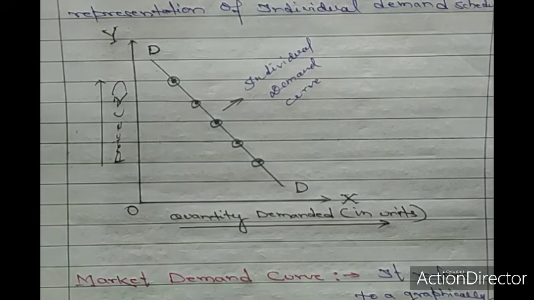If you feel any doubt, you can ask on WhatsApp, or you can directly call me. No issue. Try to learn one by one: after determinants of demand, we went to demand function, then demand schedule, then demand curve.